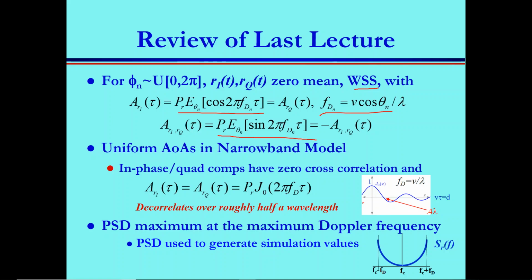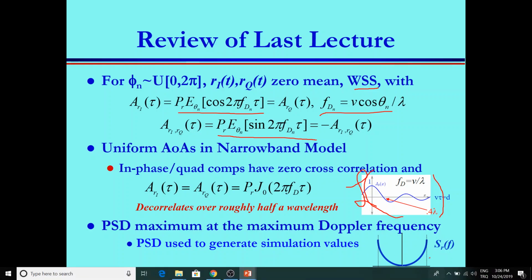So if you were to find the power spectral density, then you would need to take the Fourier transform of the autocorrelation function, and the Fourier transform of this figure gives you this power spectral density at the maximum Doppler frequency.